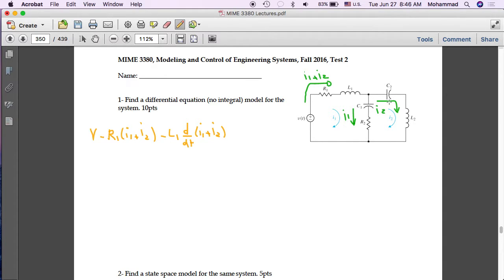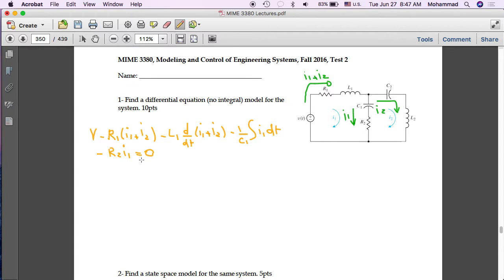This is a capacitor, so that becomes minus 1 over C1 integral of I1 dt and minus R2 I1, that is equal to 0.